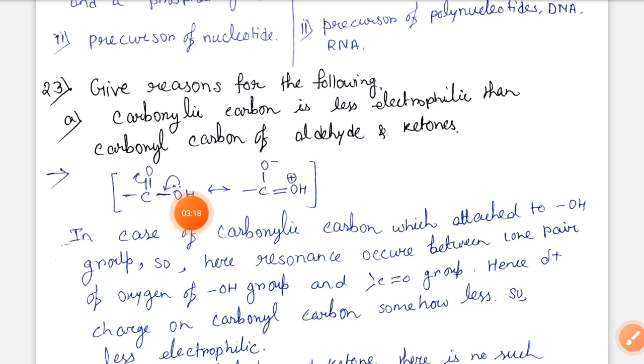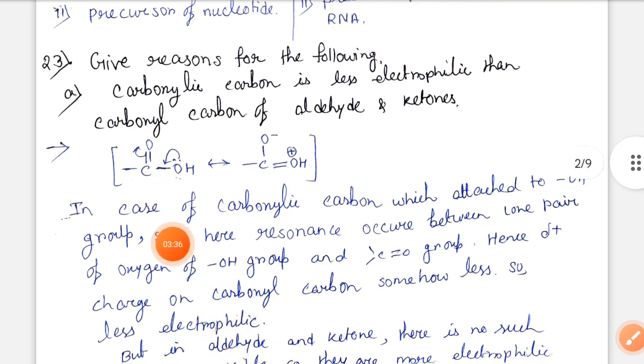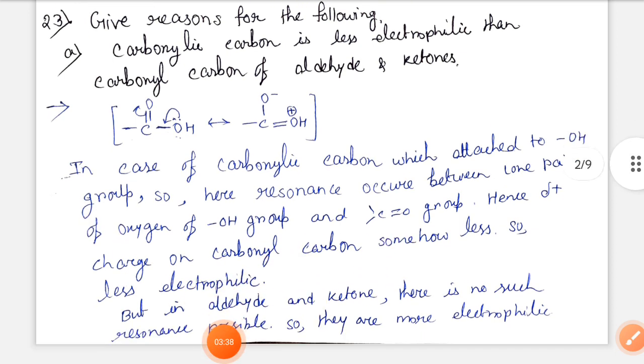So here the lone pair of the OH group is in resonance with the C double bond O, that is the carbonyl group, and so this carbon is electronically rich, and so the electrophilicity is less in the carboxylic group.